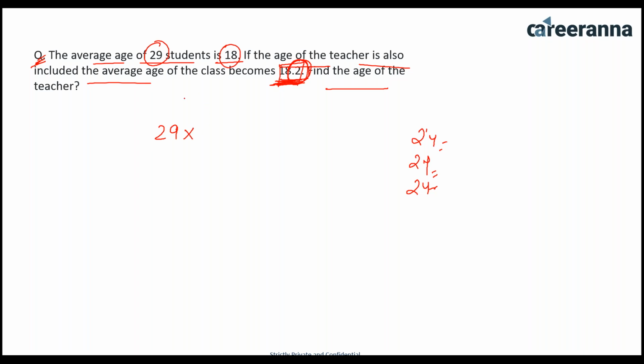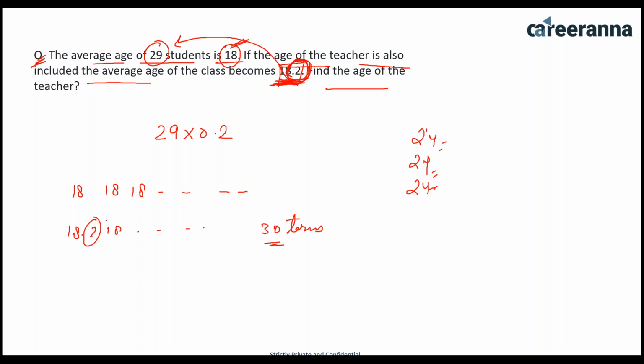29 is multiplied by 0.2, because see, the previous average was 18, right? The new average is 18.2. I can see that there is an increment of 0.2. That means 0.2 is given to everyone. Is it clear? Previously it was 18, 18, 18 for 29 people. Now it is 18.2, 18.2, 18.2 for 30 people because of this teacher.